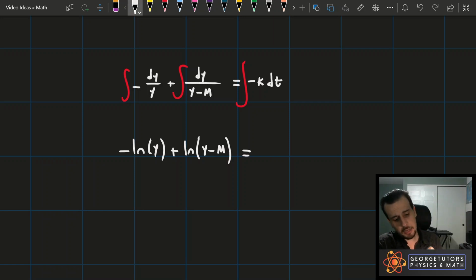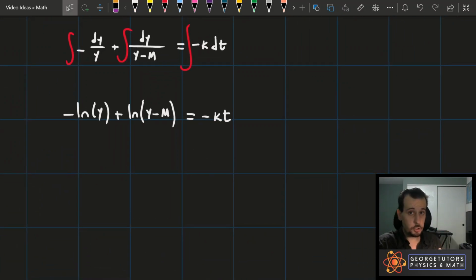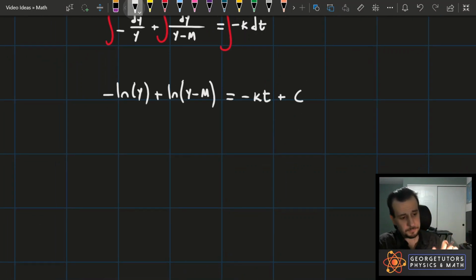On the right-hand side, I don't have a t term, so I simply obtain a t term, and that's the result of my integration. However, remember that this is a linear differential equation, a first-order differential equation, which means it's going to have one constant on either side once we solve it without boundary conditions. So there's your plus c. I'm just choosing to write it on the right.